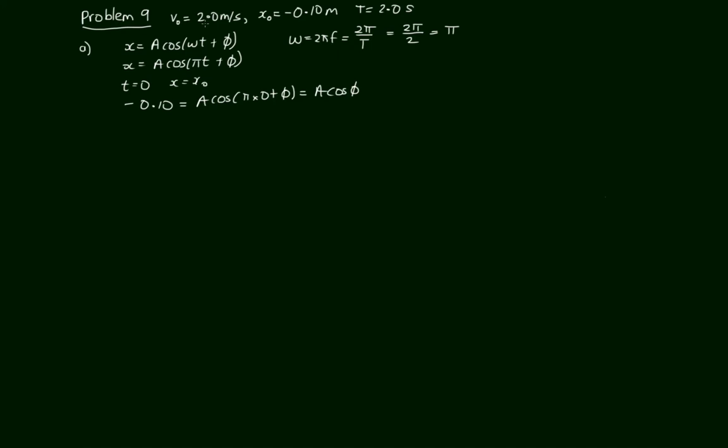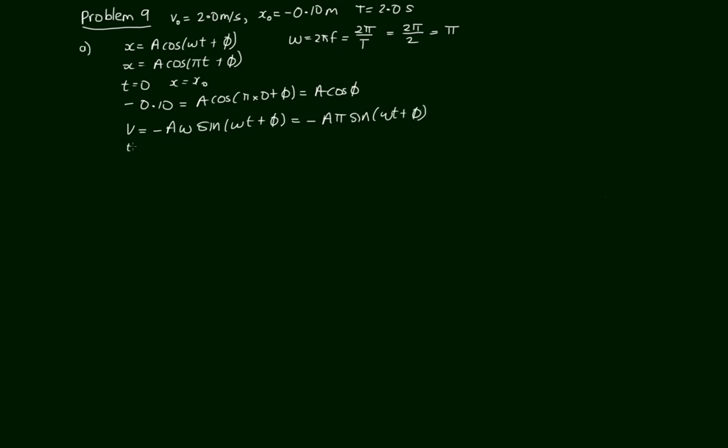We also know a bit about the velocity. So let's write down an expression for the velocity. Using this, we know what omega is. So the velocity is equal to minus A omega sin(omega t plus phi). And so this is equal to minus A pi sin(pi t plus phi).